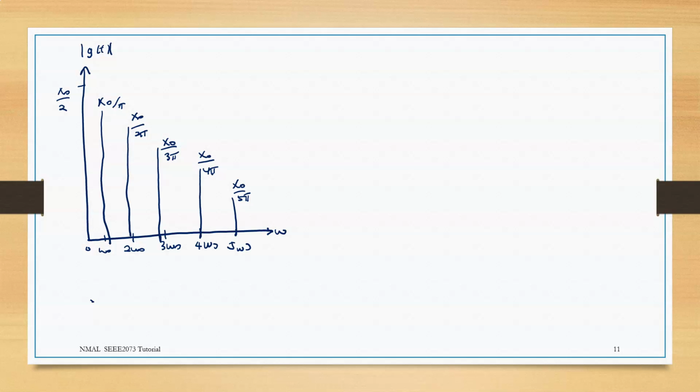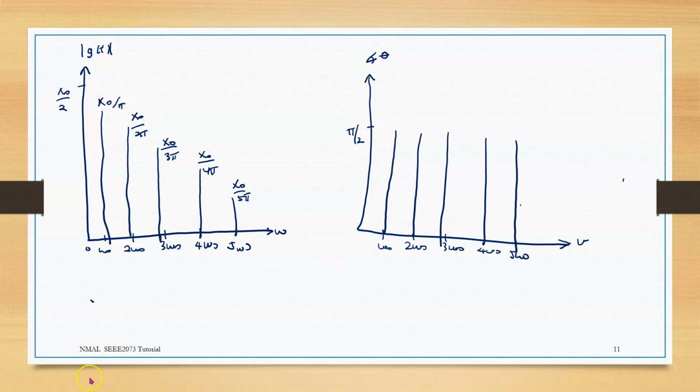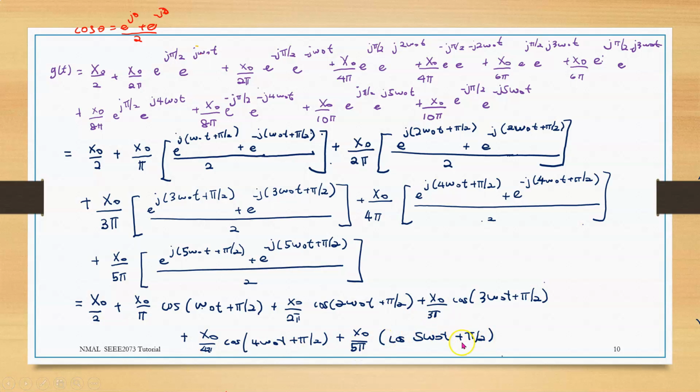Okay, and we draw another plot, another graph, for phase. So from omega naught up until 5 omega naught, because we obtained from the equation that the phase for all components, from n equal to 1 up until n equal to 5, is pi over 2.